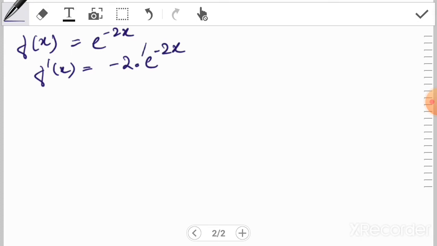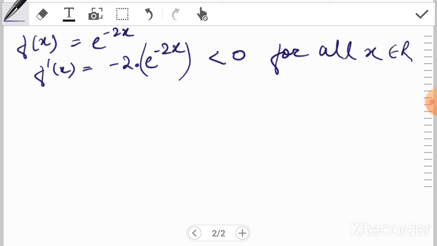Since e power minus 2x is always positive, but due to this negative sign, the overall result is negative for all x. So f(x) is equal to e raised to the power minus 2x is a strictly decreasing function or monotonically decreasing function. So let me show you this with a plot.